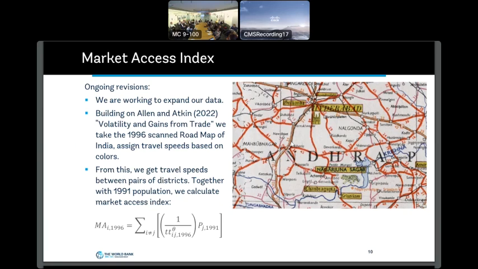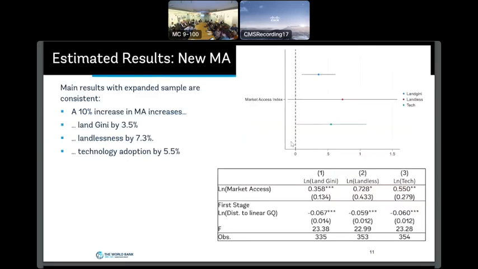Using this, we recalculated the market access, which now allowed us to use more of the IHDS survey. And when we use this updated measure of market access, the results hold.